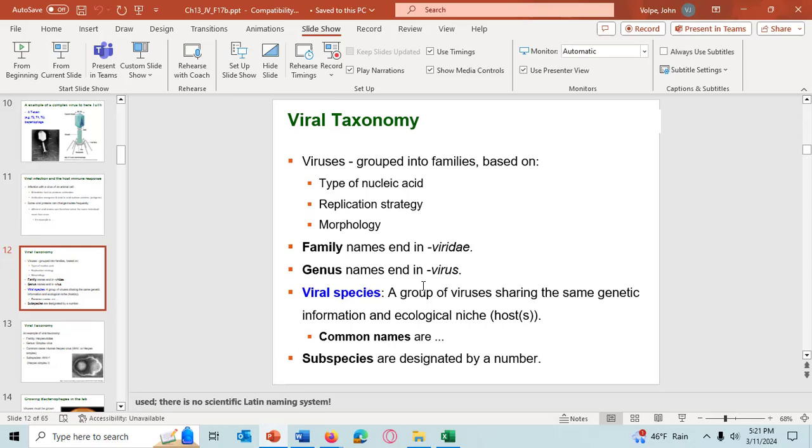All right, with the viral names, there are no Latin or Latinized names. So anywhere you go in the world, if you use the term poliovirus, everyone will know what virus you're talking about. And if you use the word herpes simplex virus, everyone will know what virus you're talking about.